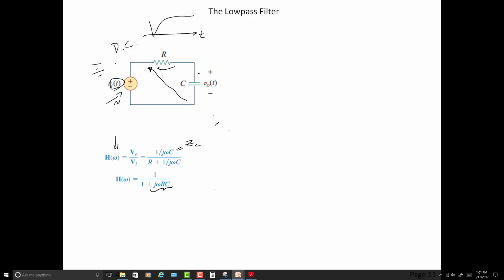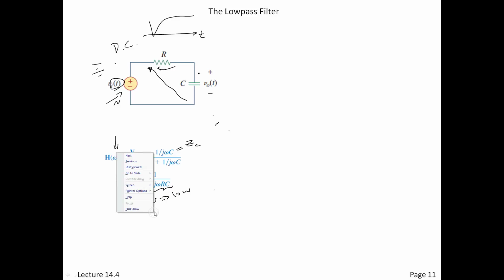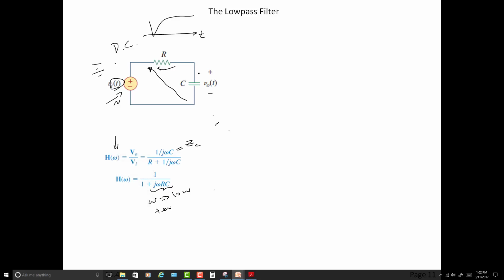This term is when omega is low, right? This term approaches 0 or is 0. So you got 1. And all of that continues until you hit omega equals 1 over RC, right?